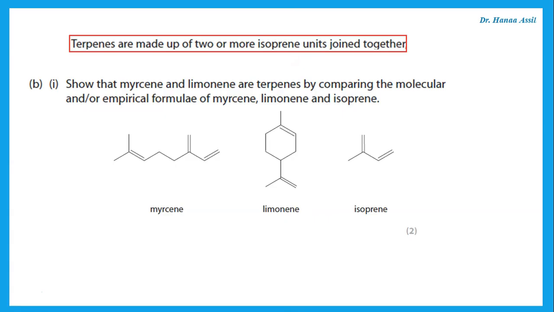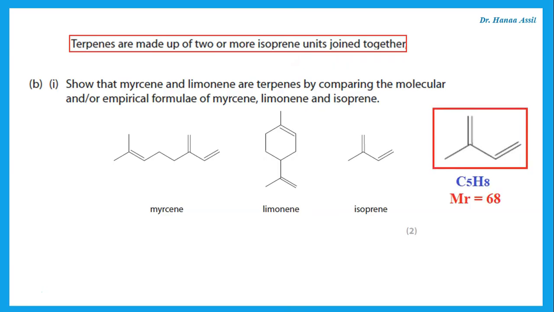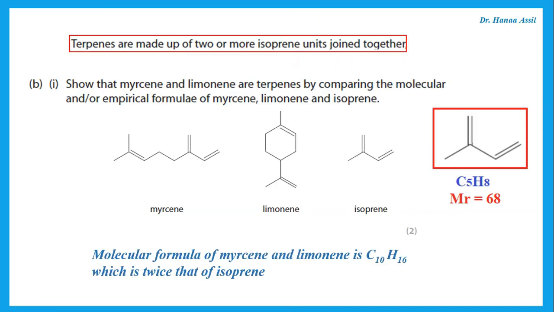So if we look at the molecular formula of each of these, first of all, the isoprene, we already said the Mr is 68. Now, the molecular formula of each of the others is C10H16, and that is actually twice that of isoprene, and that means that each of them is made up of 2 units of isoprene.